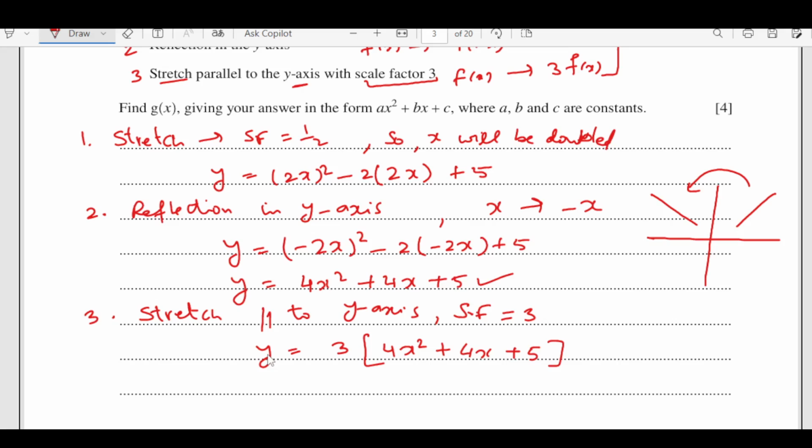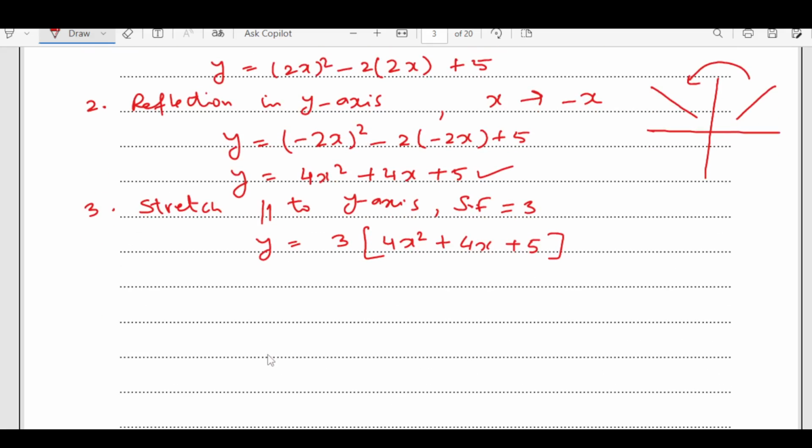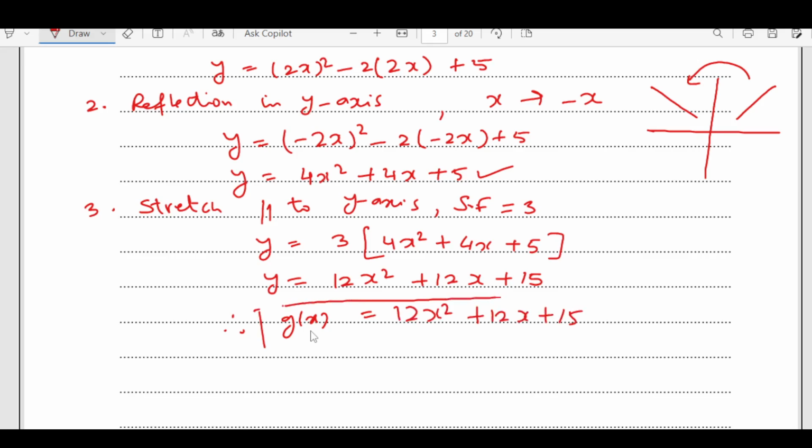Now let's simplify. So y is equal to 12x squared plus 12x plus 15. Therefore our g(x), after all these transformations, is 12x squared plus 12x plus 15. So this is our final answer.